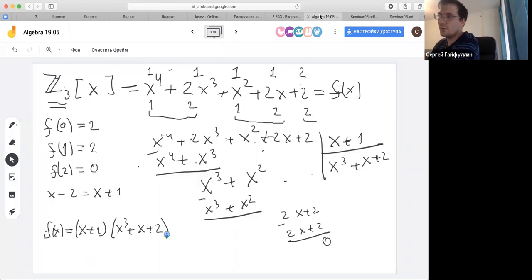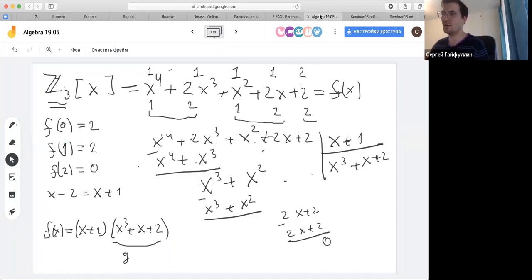And so we understand that if this is G, G has no root equal to 0 or to 1, because f from 0 is not 0 and f from 1 is not 1.